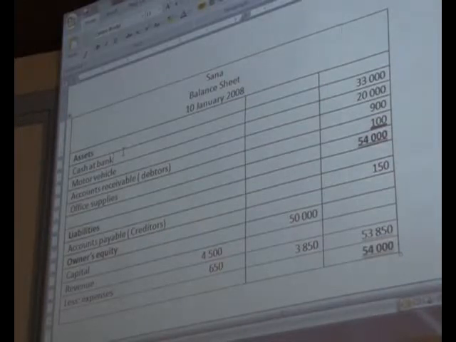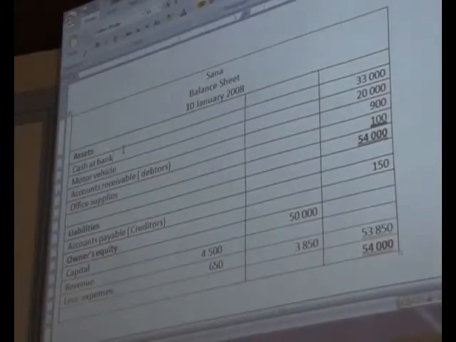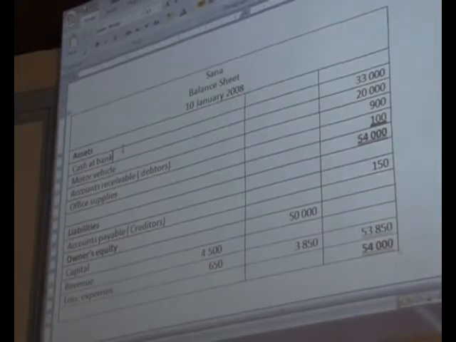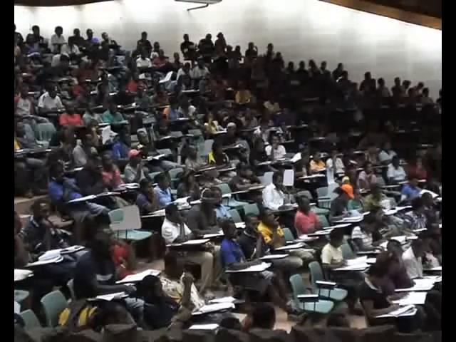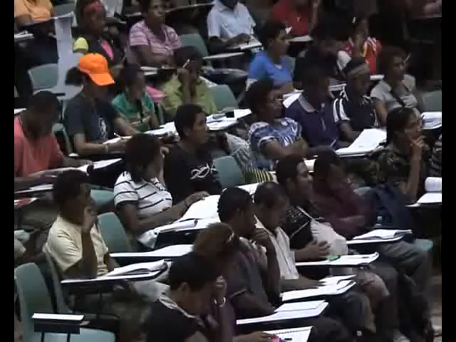In this balance sheet, yes, the profit is also shown. So there is a direct relationship, as I said earlier, between the accounting equation and the balance sheet. Balance sheet is a statement. Accounting equation is an equation. Right? Yes. This is the difference.